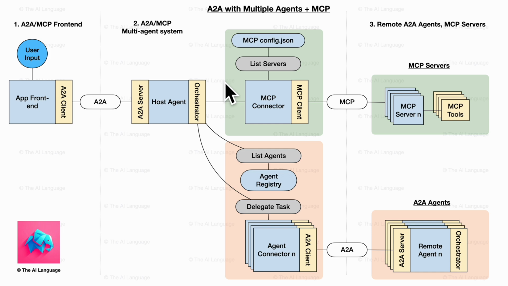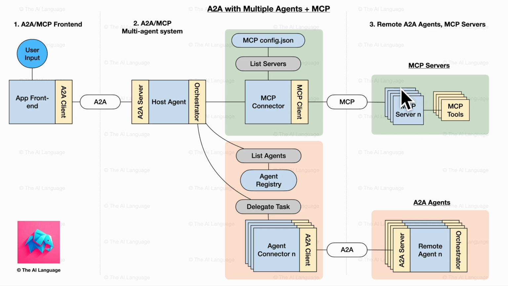For these reasons, I think this is a very good system design for our next video, where we'll actually roll up our sleeves and implement a live demo. So we'll spin up 3 A2A agents like we did last time for the video on A2A working with multiple agents. And this time we'll wire them together with MCP servers.